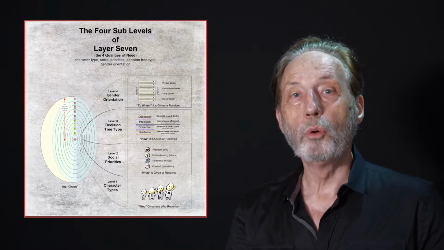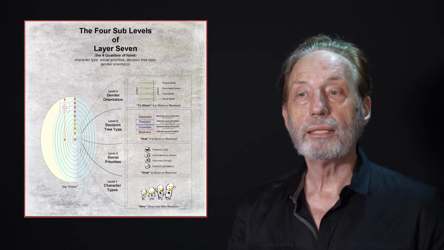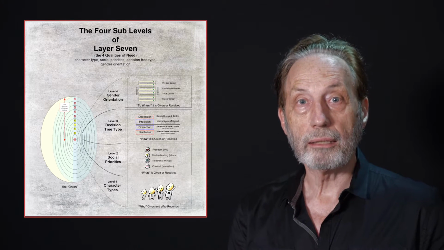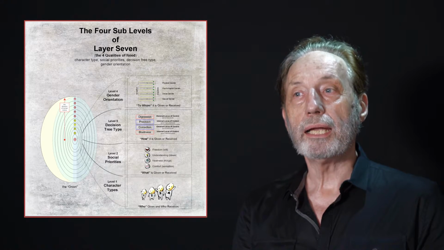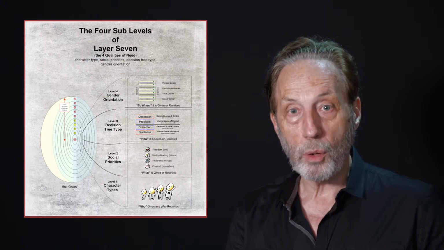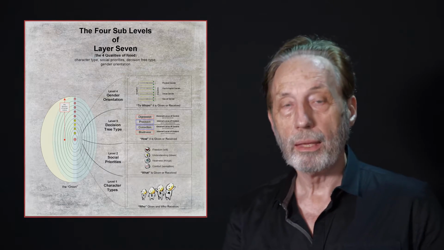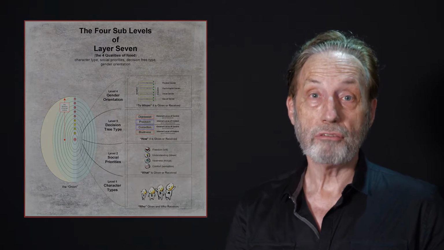Okay, these 4 subdivisions are the essence of personality. And if you were then to add in one other quality, which we'll mention later, these are the 5 qualities that I'm saying we can measure.